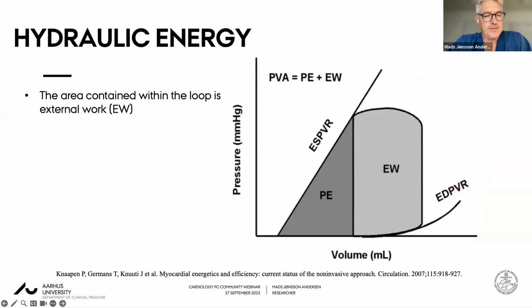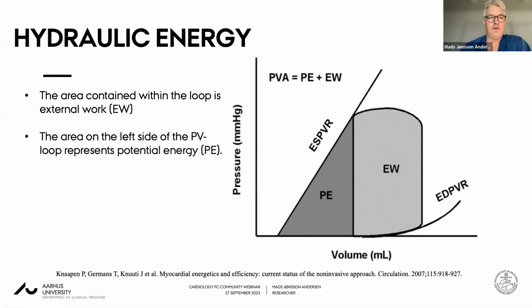And if we go back to our days at university and look at the textbooks, we know that the area contained within the pressure volume loop, here called external work, or EW, represents the work done by the ventricle in ejecting blood during systole and corresponds to the mechanical energy expended by the heart to pump the blood.